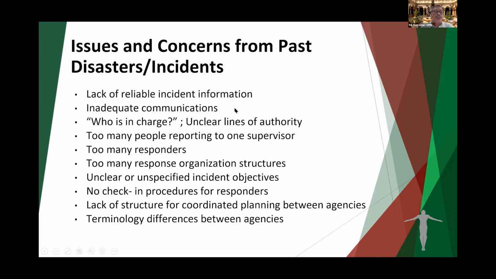And so we also have inadequate communications. Now, another issue is that there are unclear lines of authority, or we don't know who is in charge of managing the incident. And too many people are reporting to a single supervisor.